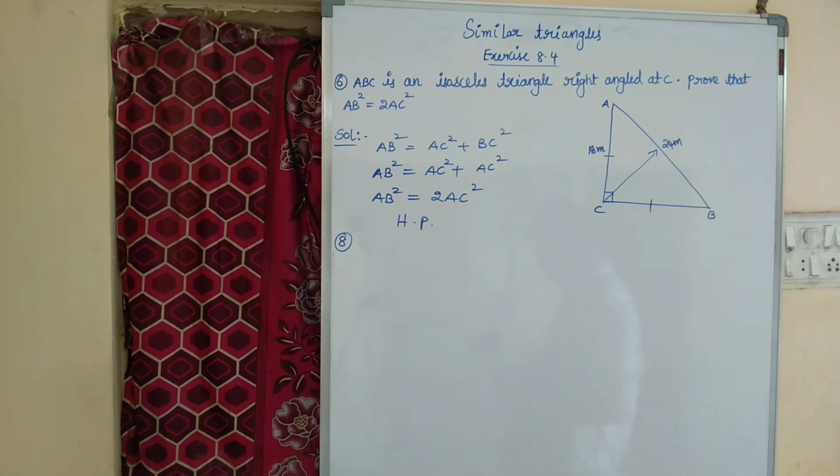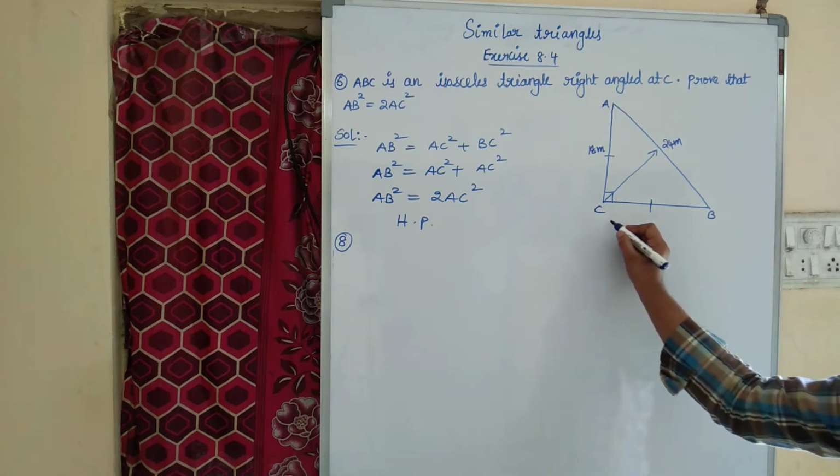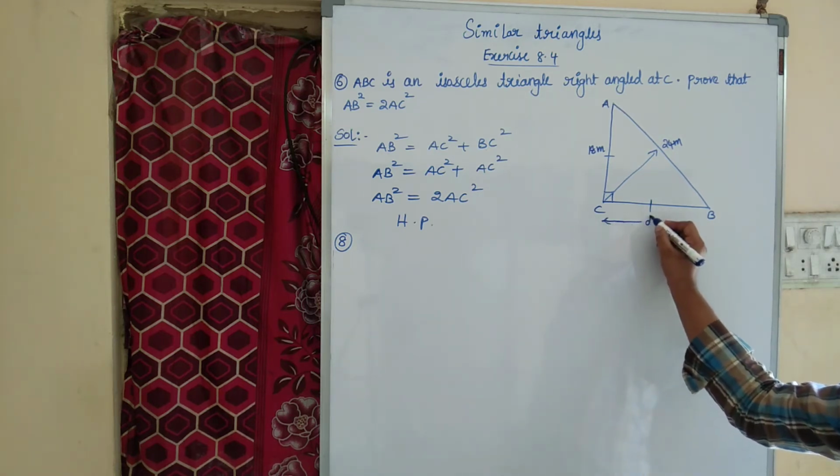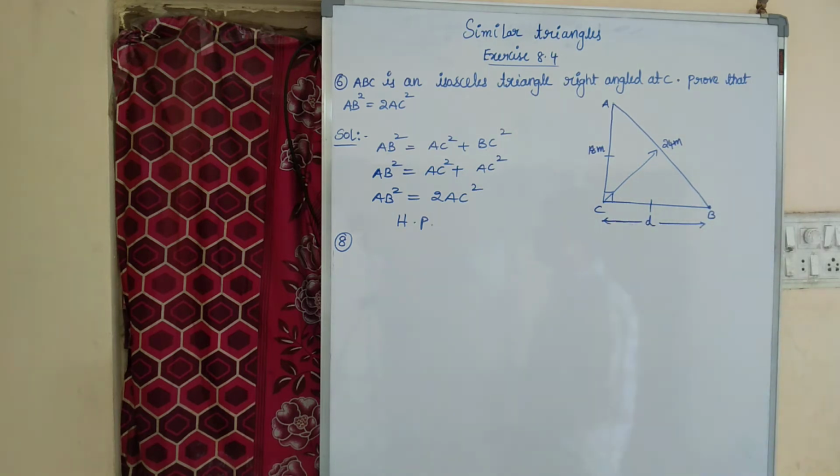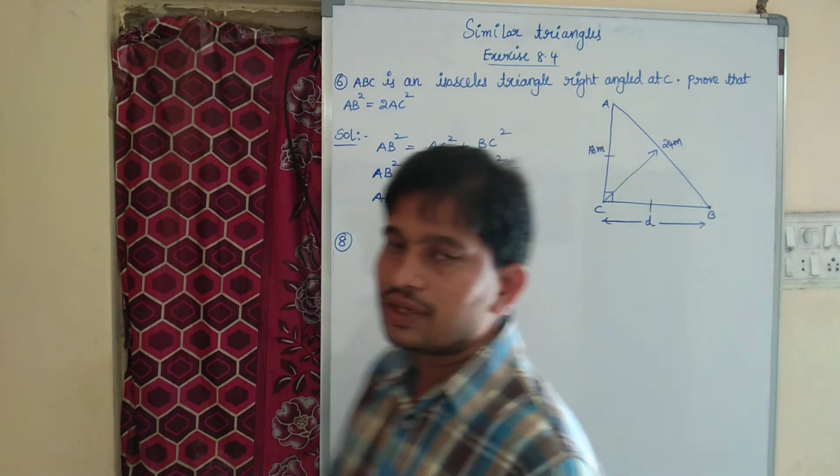How far from the base of the pole should the stake be driven so that the wire will be taut? So they are asking to find the distance between the stake and the base of the pole. So we are explaining question number 8 children.